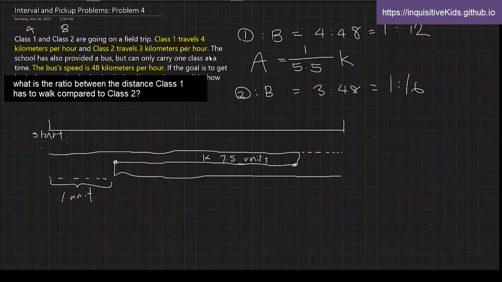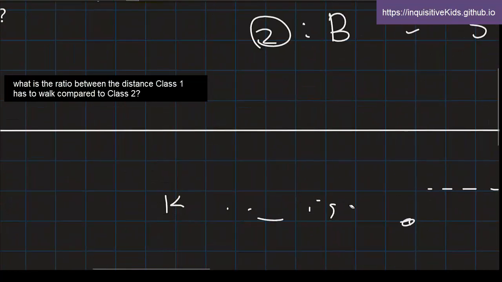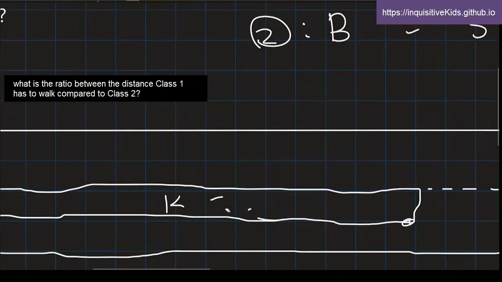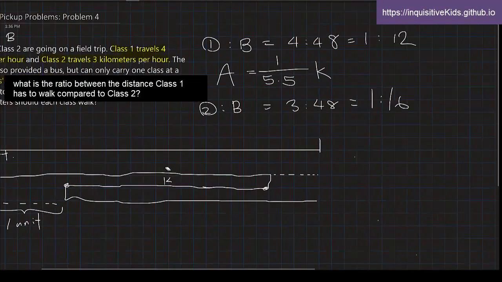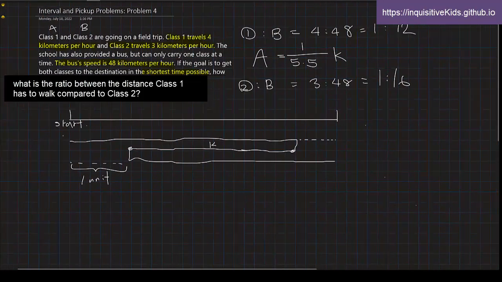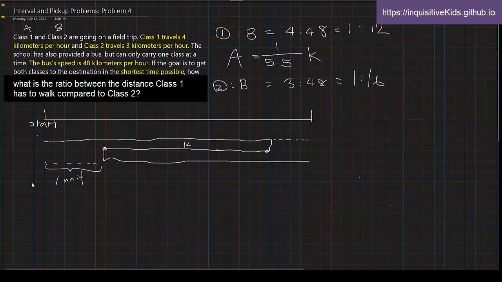Okay, so after knowing that, 7.5, and this would be 1 out of 7.5, right?